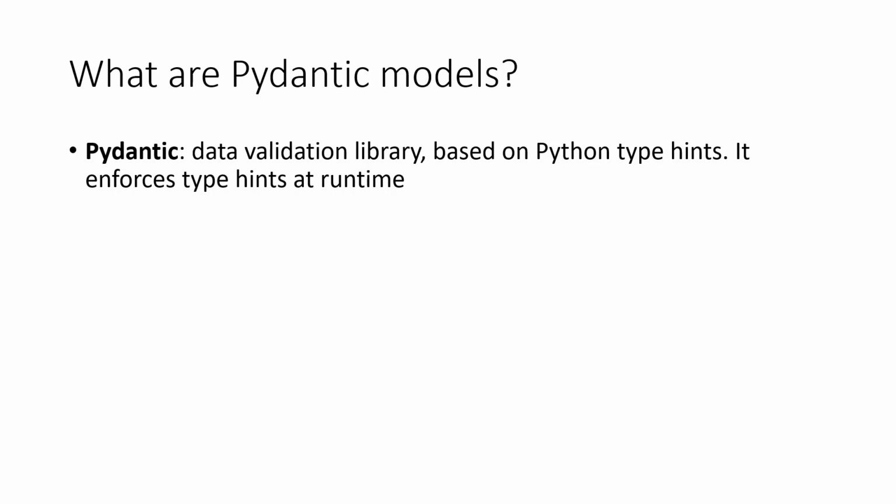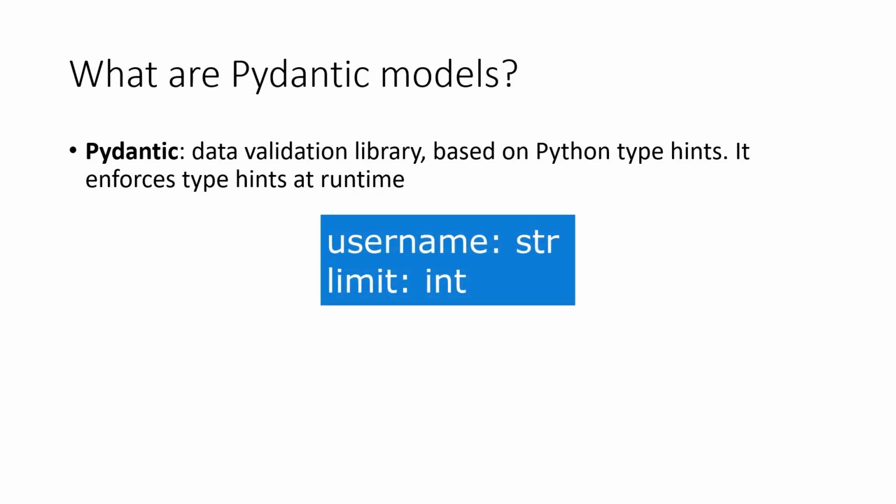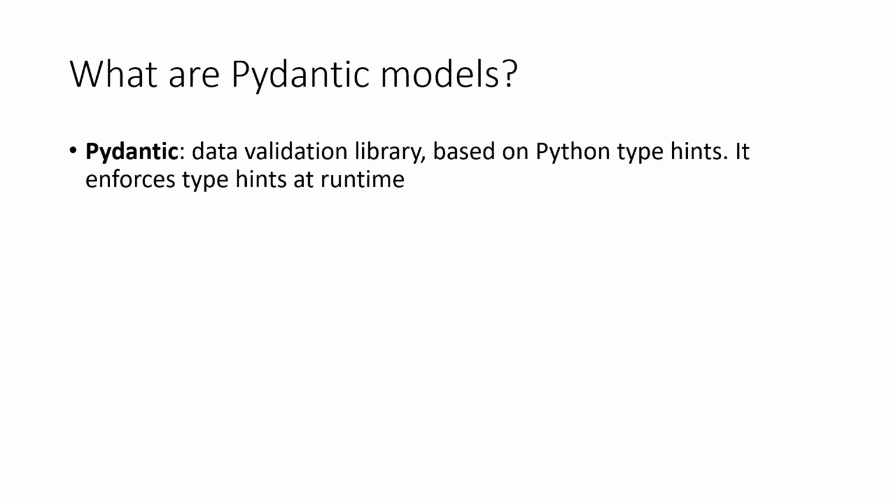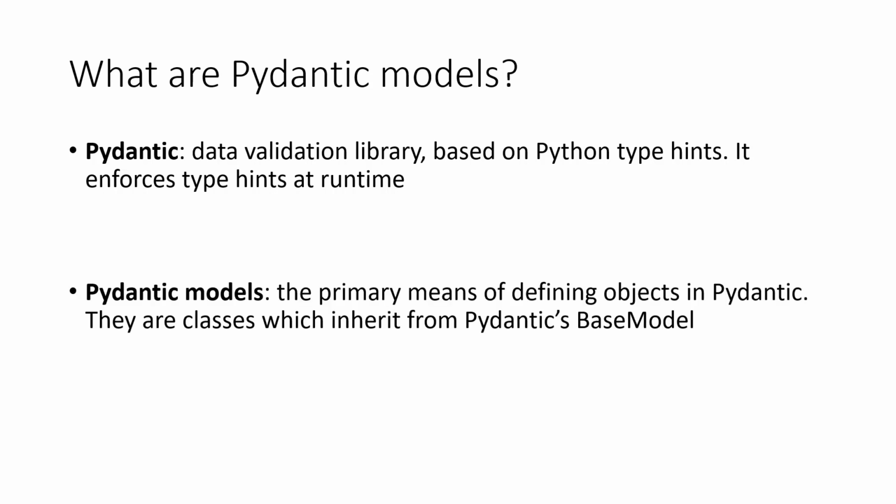We've already used Pydantic in the previous videos, where we define the path or query parameter with data types. In those examples, we've used the standard Python data types like string and integer. We can also custom define our own data types through Pydantic models. Pydantic model is the main method of defining objects in Pydantic.